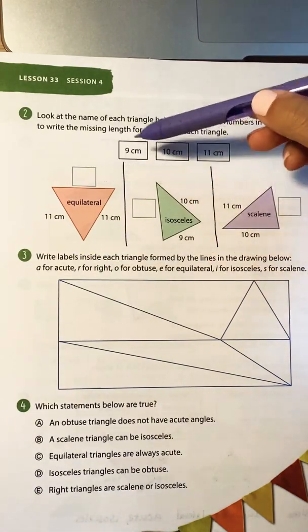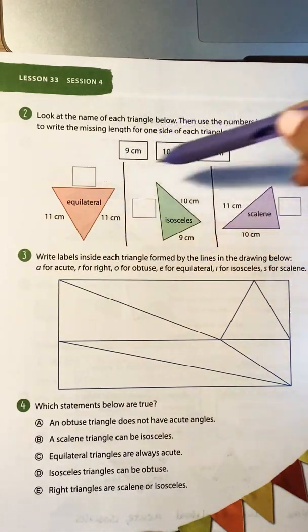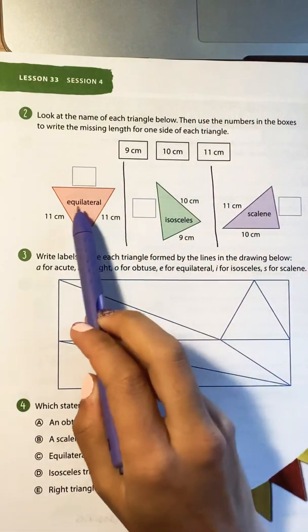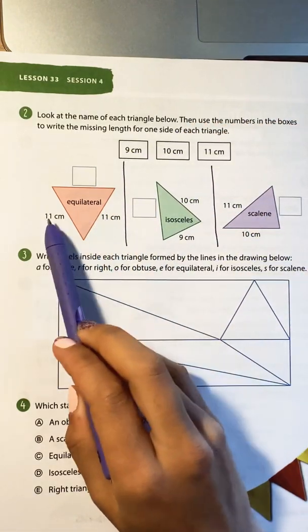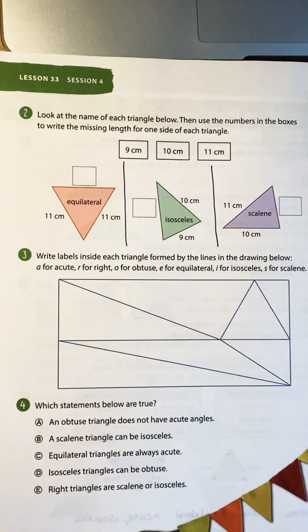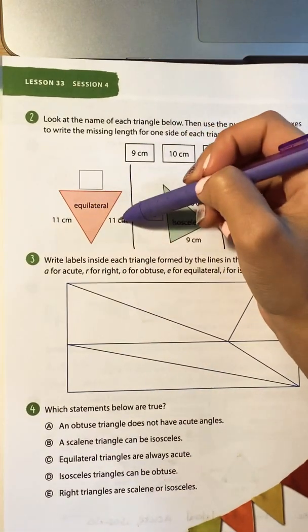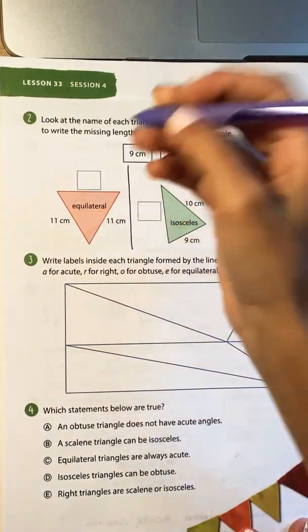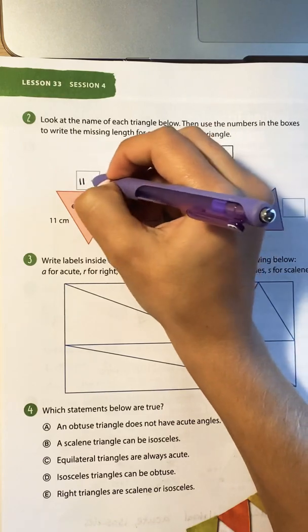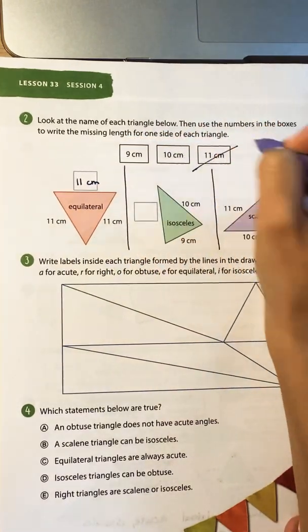We have a side missing. We need to decide which one of these measurements goes in the missing box. So if this is an equilateral triangle, and these 2 sides are 11 centimeters, equilateral triangles have 3 equal sides. So if that's 11 and that's 11, then this one has to be 11 centimeters. Okay?